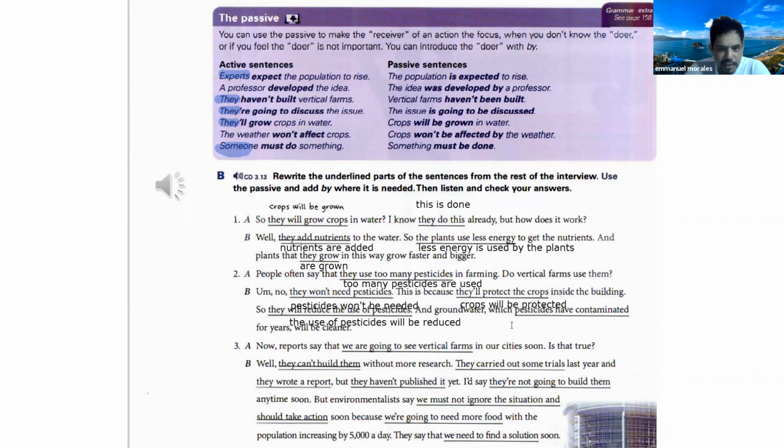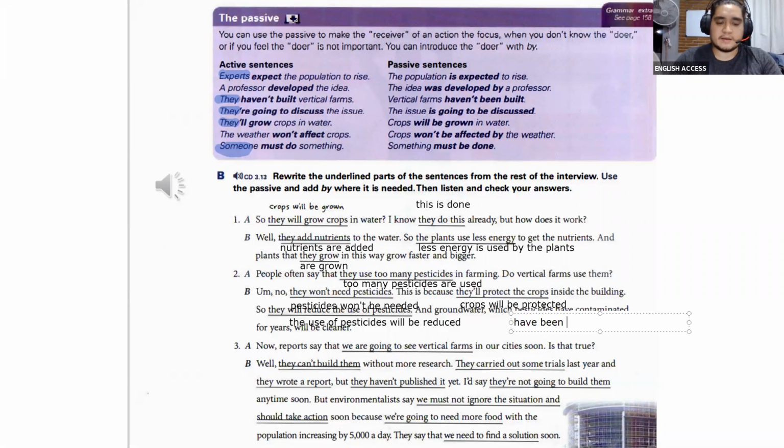So how would it be? It's the same tense. We don't have to change tenses. We just have to change the location of the words. Exactly. Groundwater, which has been contaminated by pesticides. Good.